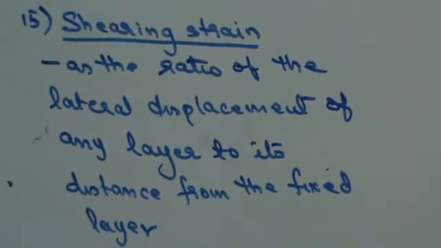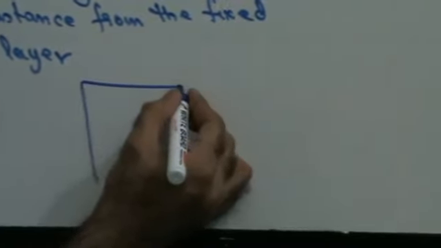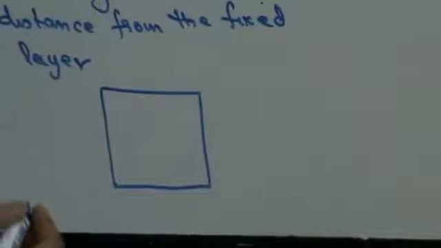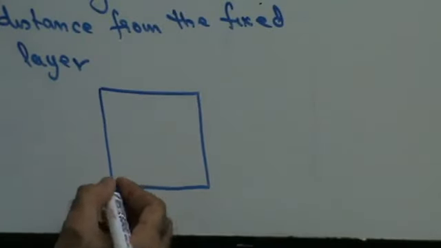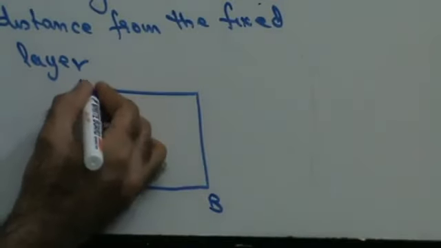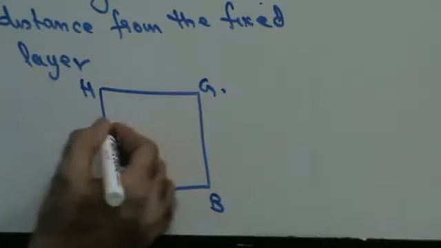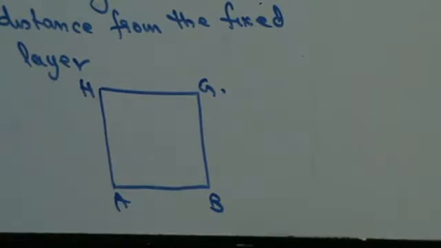Right, for example, suppose if I just show you the front view of a cube. Let's assume AB is the lower surface, HG is the upper surface. Let's assume that a tangential force is applied to layer HG.